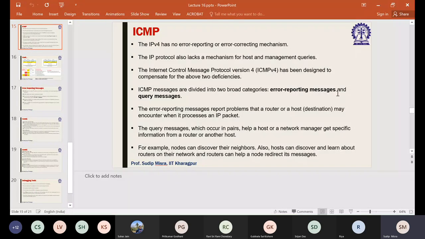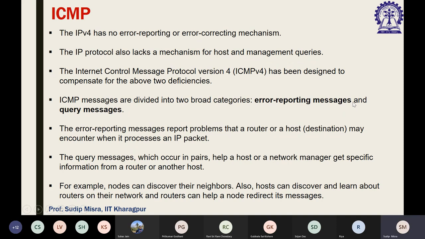There we go. So we need to understand what this ICMP is. It's a very important protocol, right? ICMP has been designed to compensate for two important deficiencies of the IPv4 protocol.